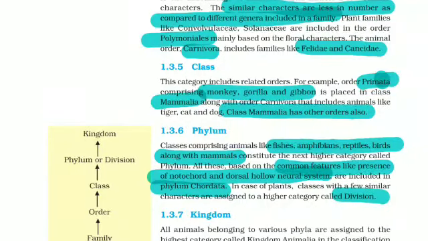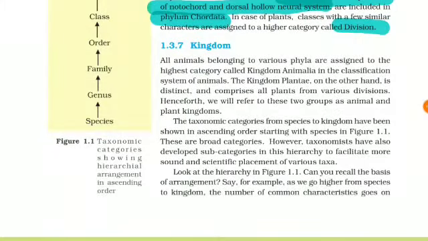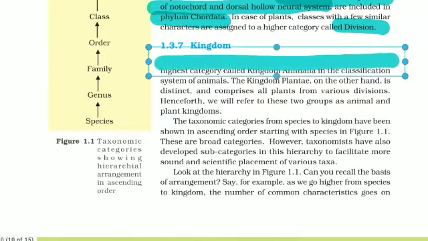I hope you understood. So the next part is kingdom, the highest rank of all of the hierarchy. All animals that belong to the various phyla are assigned to the highest category, the animal kingdom Animalia.